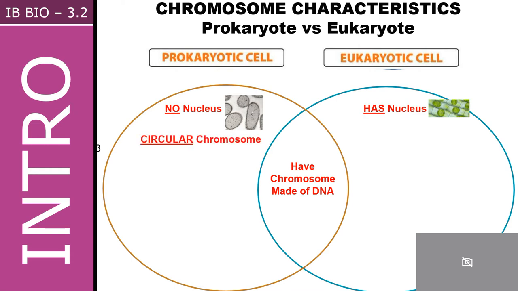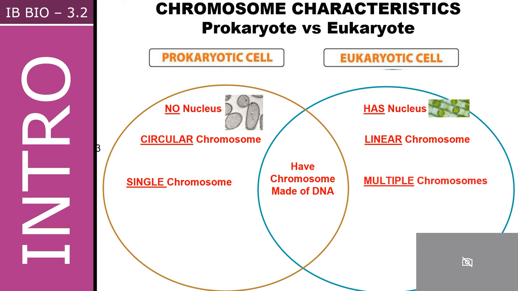Again, prokaryotes have a circular chromosome, whereas in eukaryotes, they are linear, they're straight lines. And in prokaryotic cells, there's only ever one. So prokaryotes only have a single circular chromosome, whereas eukaryotes have multiple linear chromosomes, okay? And the other thing is that prokaryotes are unique in that they have plasmids.